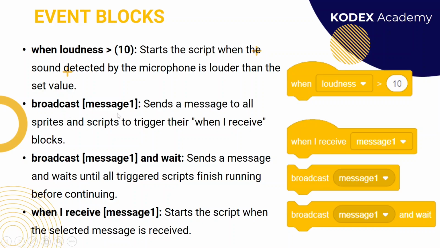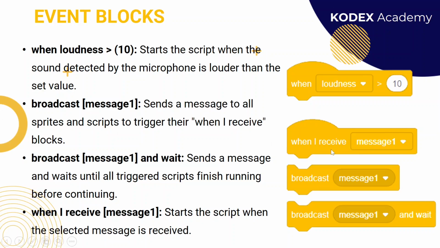Now the next one is broadcast message. This broadcast message is specially designed for when you are playing with multiple sprites, and here you want to send a particular message to all the sprites present in your script. Automatically when you are receiving any particular message, this one block, broadcast message, and the last one, when I receive this message, are correlated with each other.